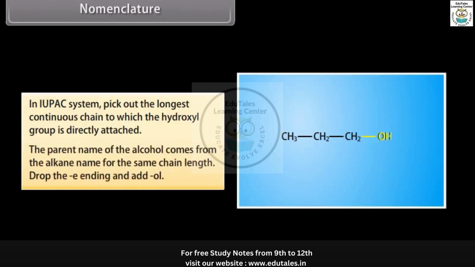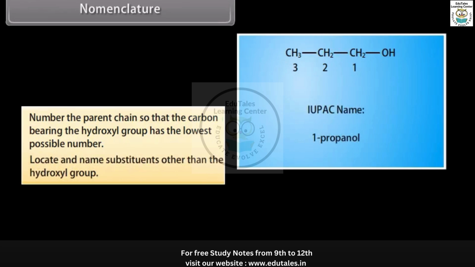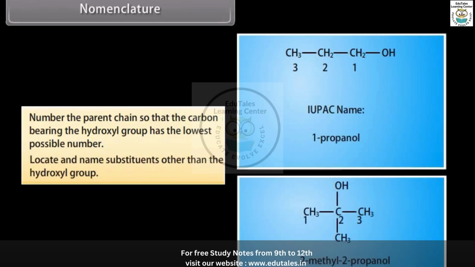The parent name of the alcohol comes from the alkane name for the same chain length. Drop the E ending and add OL. Number the parent chain so that the carbon bearing the hydroxyl group has the lowest possible number. Locate and name substituents other than the hydroxyl group.